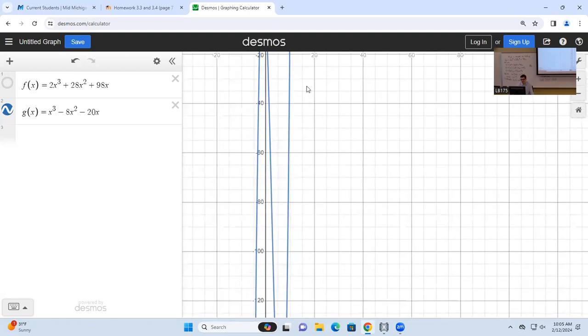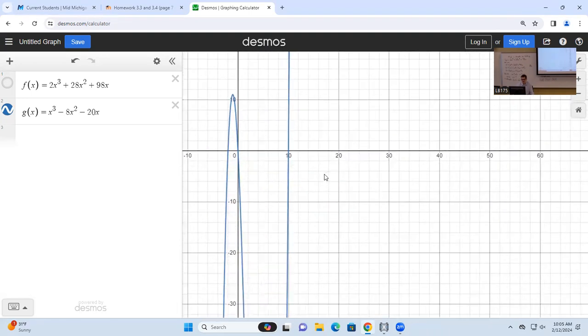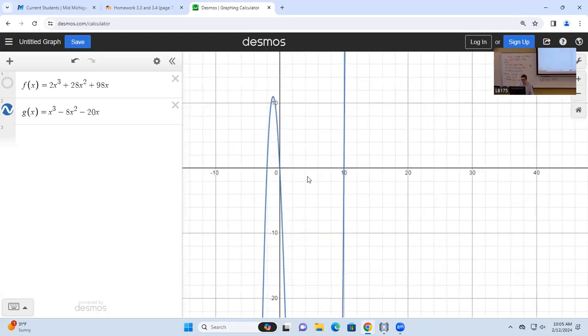Might be hard to see. But that was the first one we did with x-intercepts at -2, 0, and 10.